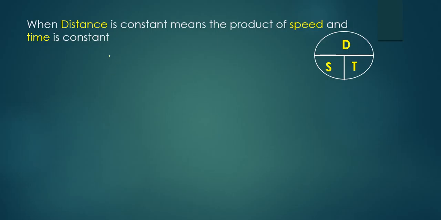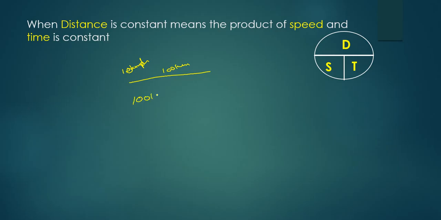Now when distance is constant, the product of speed and time is constant. For example, if you're traveling 100 kilometers at 10 kilometers per hour, which is the speed, what's the time taken?